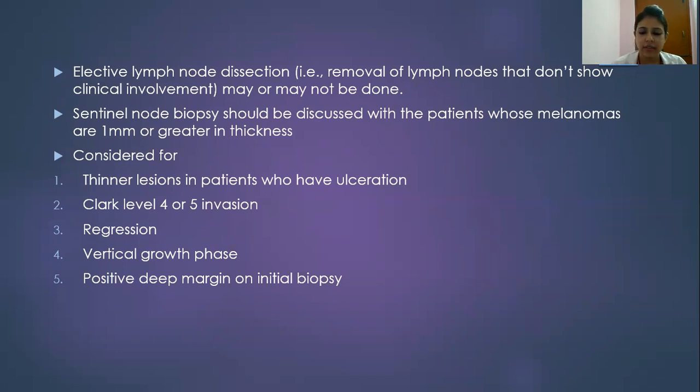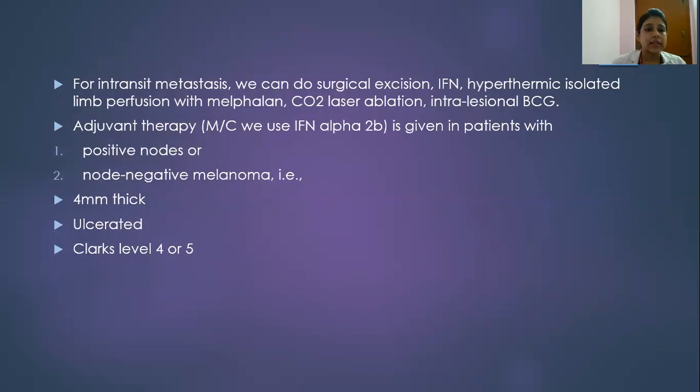These are the conditions that we consider. For in-transit metastasis, we can do surgical excision, interferon. Then we have hyperthermic limb perfusion with melphalan, carbon dioxide laser ablation, and intralesional BCG can also be given.